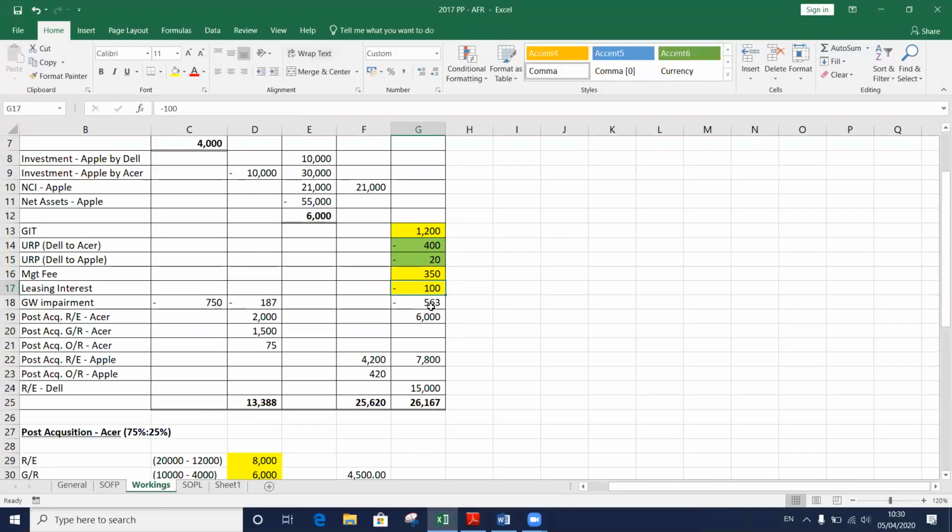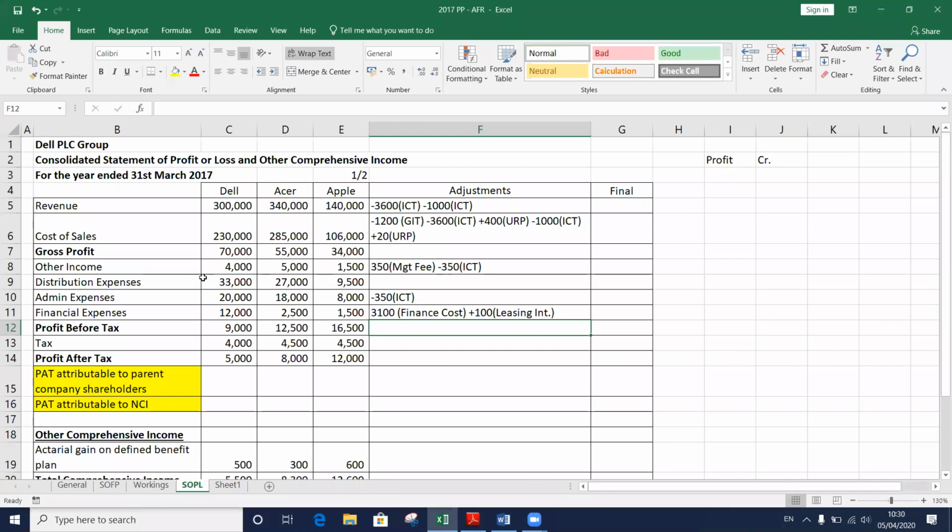Then this 563 goodwill impairment. අපිට මෙයා දිහා විතරක් බලලා බෑ. ඇයි goodwill impairment we need to account for the total. කීයක් impair වුණාද? 750, right. 750 goodwill impairment that should come under our admin expenses.